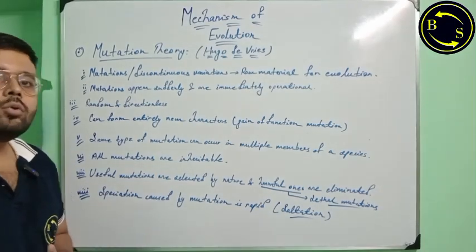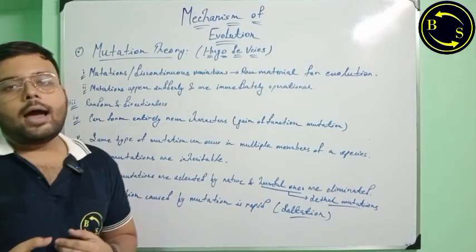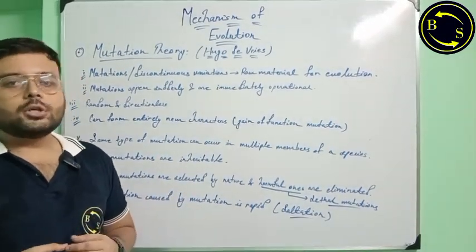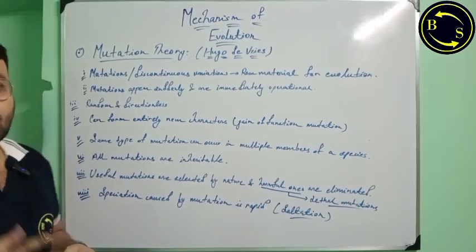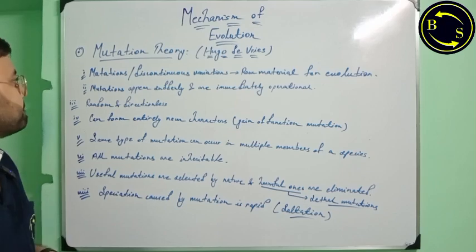We will look into the mechanism of evolution, and the mechanism of evolution has been described by the mutation theory of Hugo de Vries. Now, what is the mutation theory?